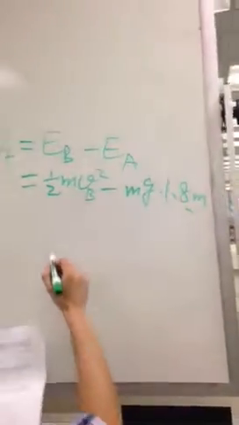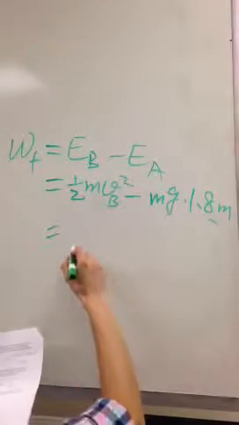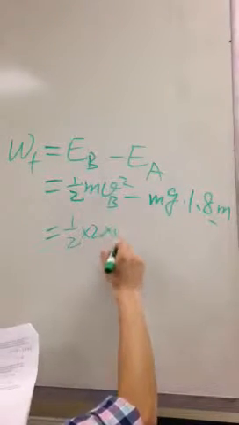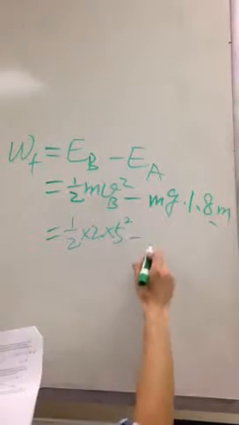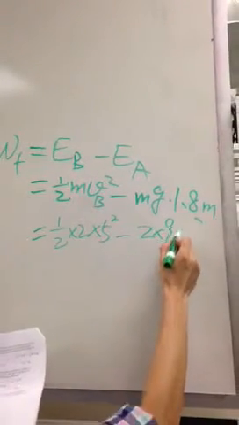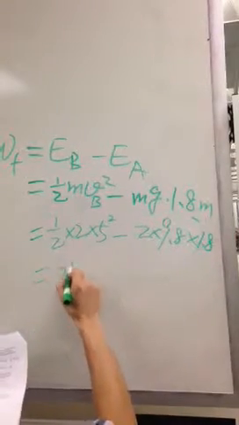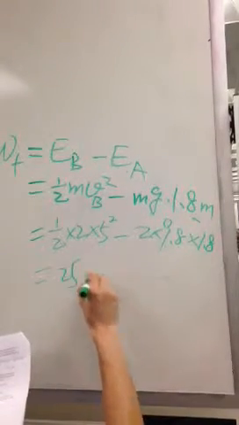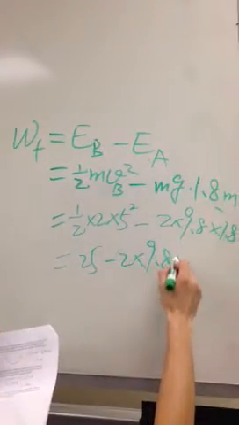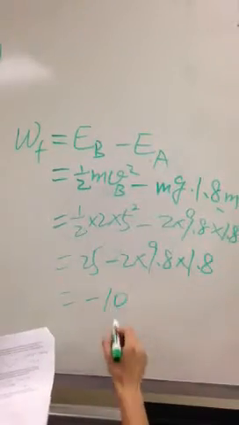So if you plug in the numbers, it is 1/2 times 2 times 5 squared, which is 25, minus 2 times 9.8 times 1.8. You need to calculate that, and then it's negative 10.